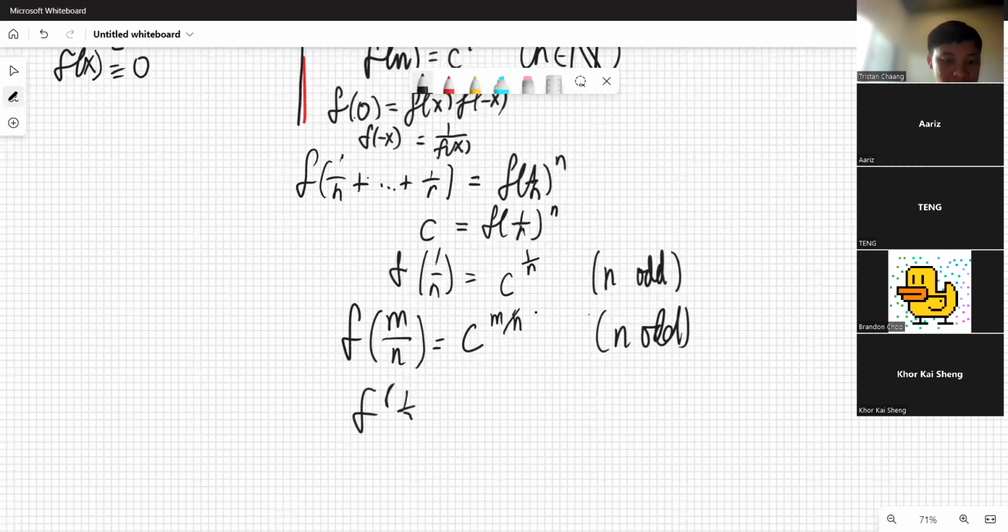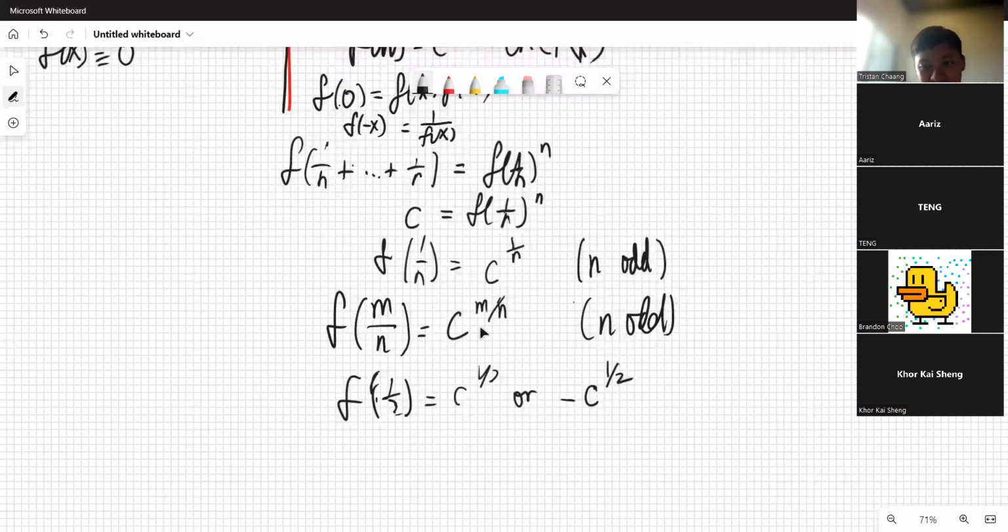So f half could or could not be square root c, or I'll just put in power notation, c to the half, or minus c to the half.